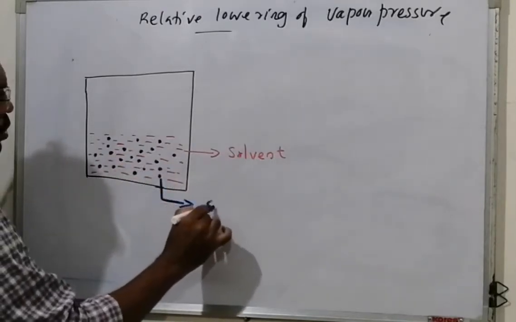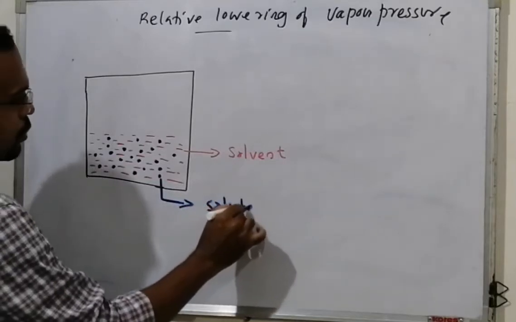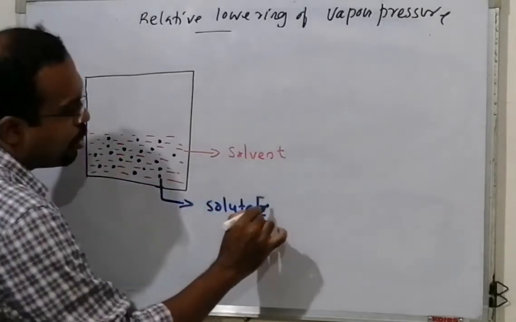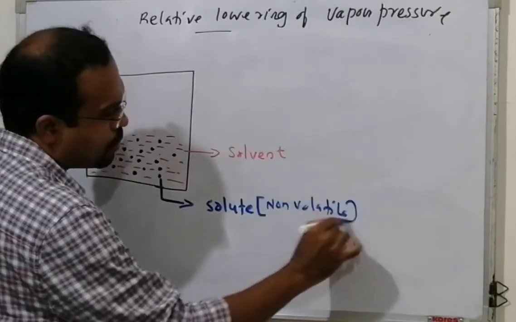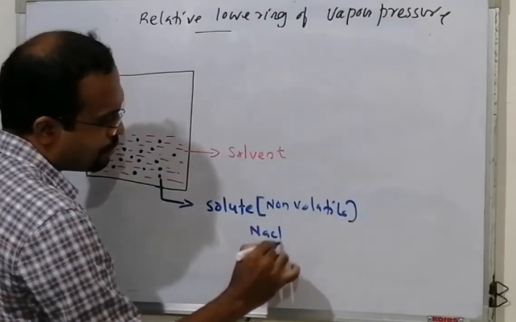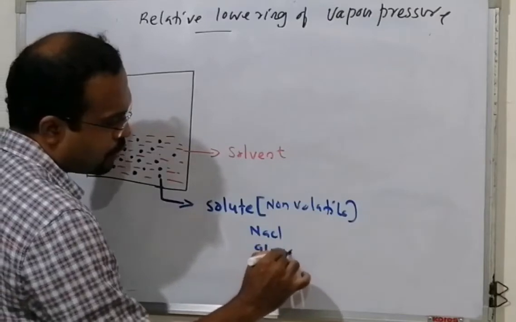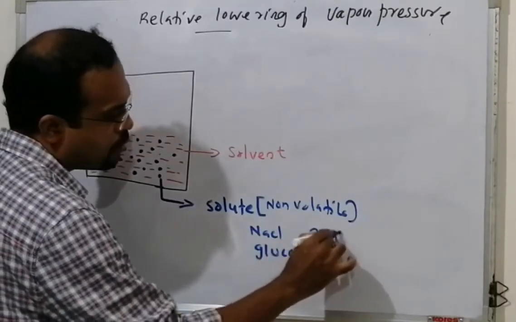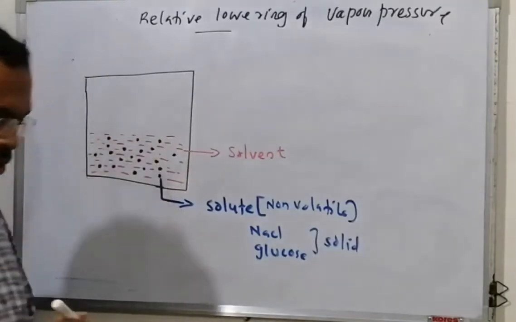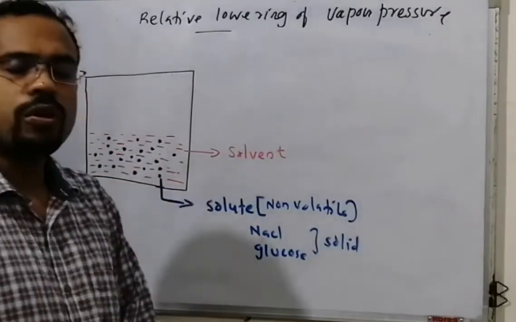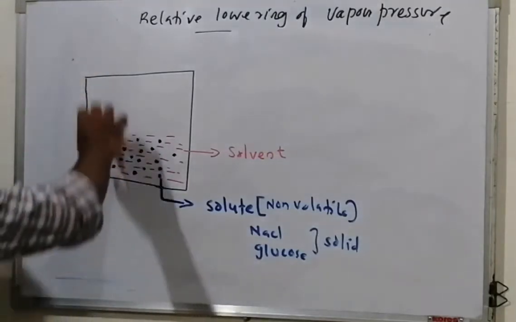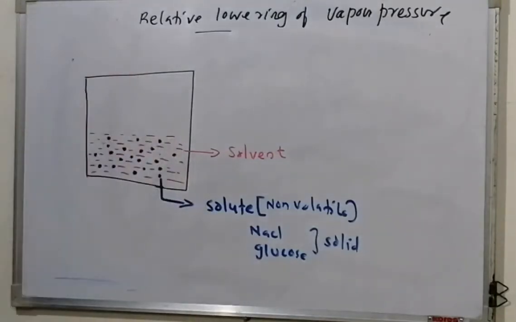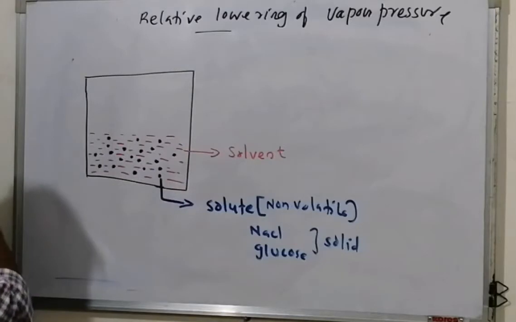This is solute. What is the solute? Non-volatile solute. Example, sodium chloride, glucose. Then we can say solid solute. Now, this phase is a solution, an ideal solution of non-volatile solute.